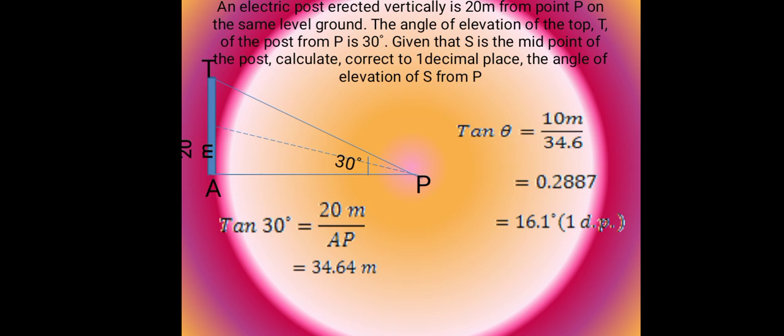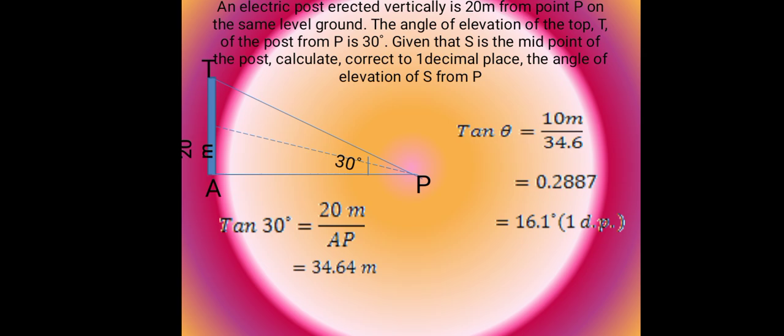An electric post erected vertically is 20 meters from point P on the same level ground. The angle of elevation of the top T of the post is 30 degrees.